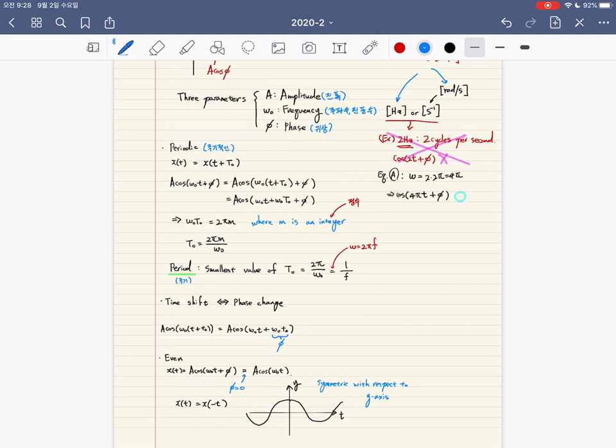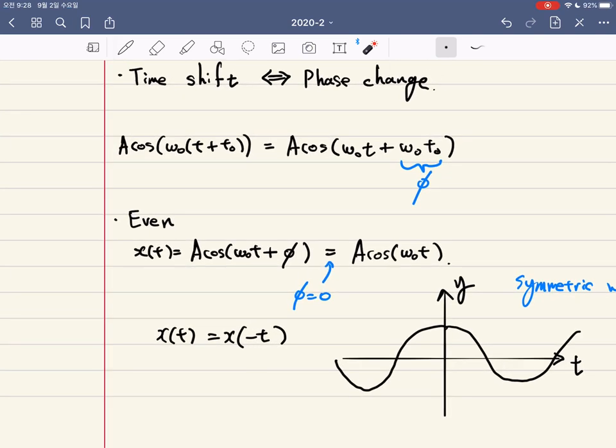Okay, so the opposite word of even is odd, but before we enter the properties of an odd function, what happens if we shift this signal by an amount of minus pi over 2 phase shift?